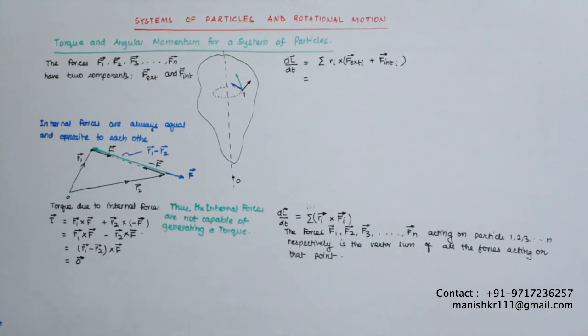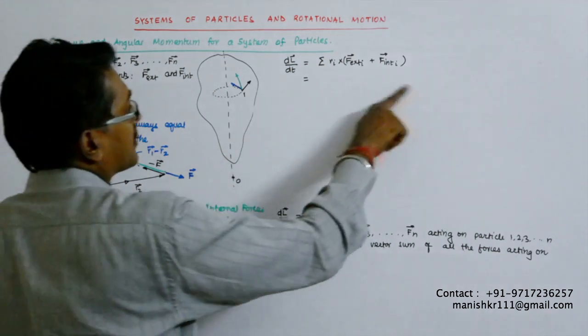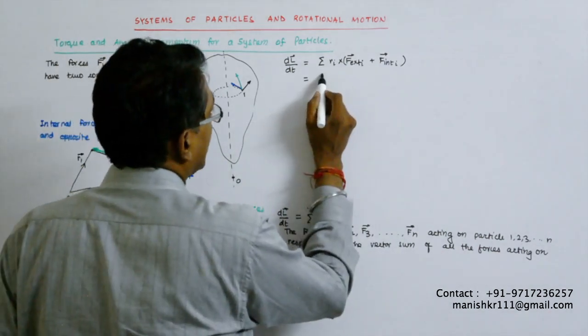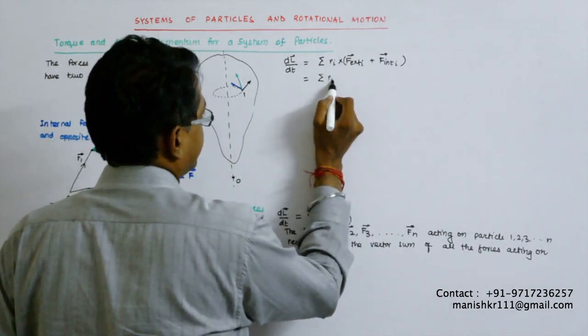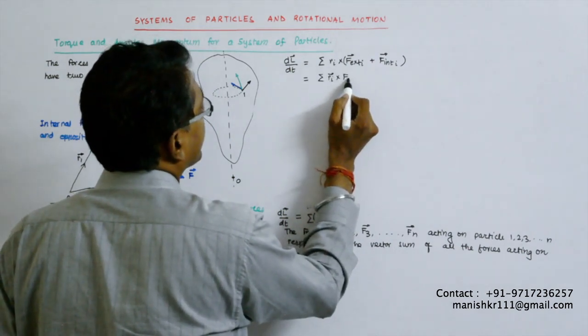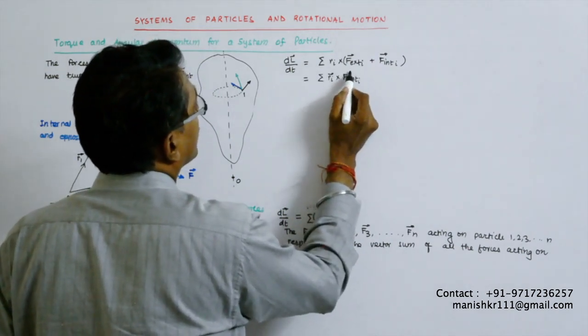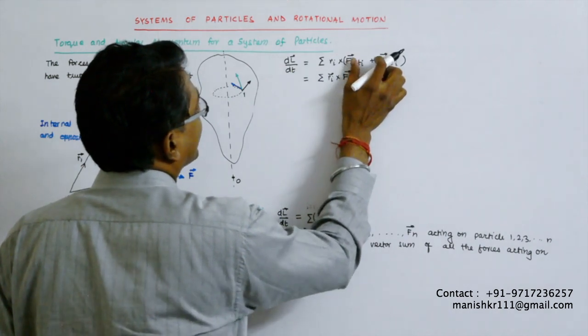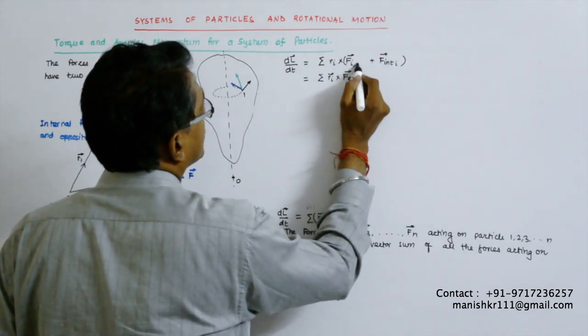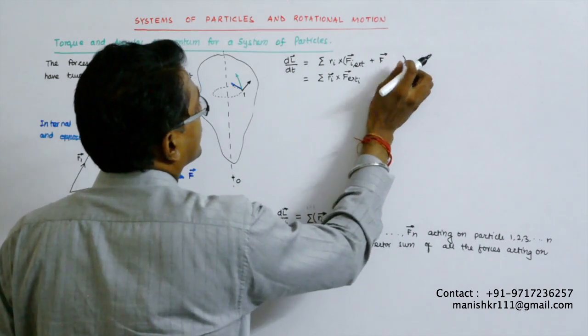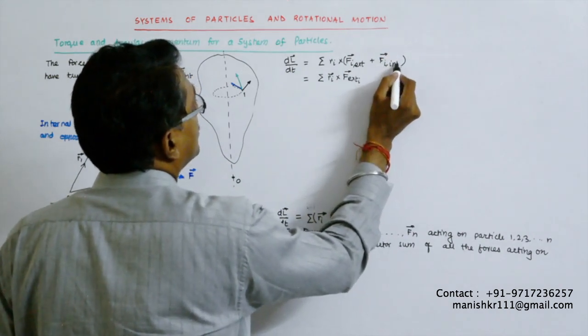Okay, so it is something like this, and this becomes Ri cross F external i, or I'll say Fi external and Fi internal.